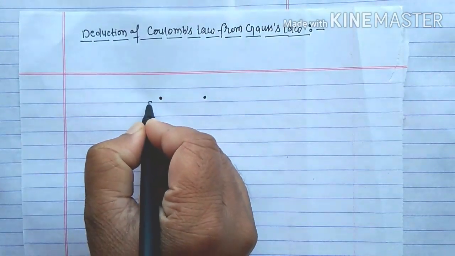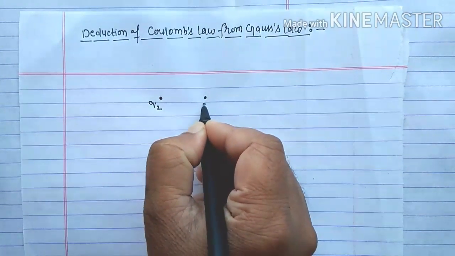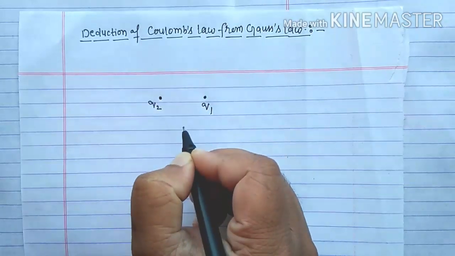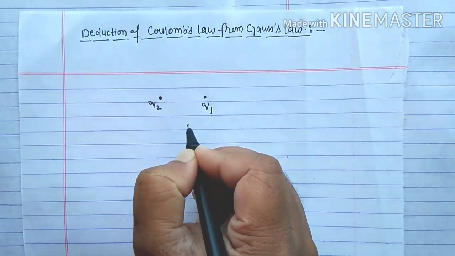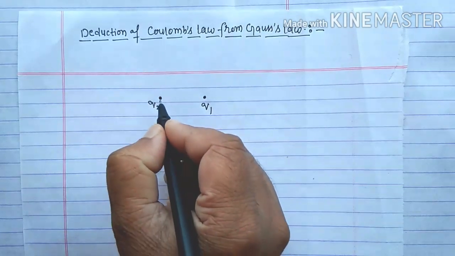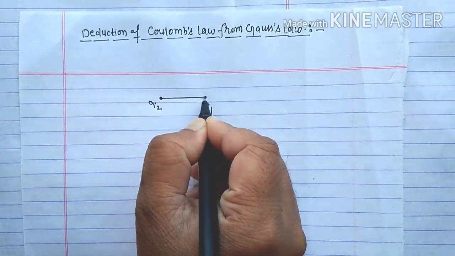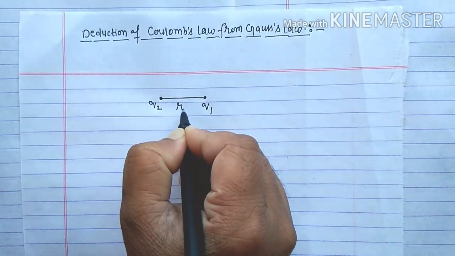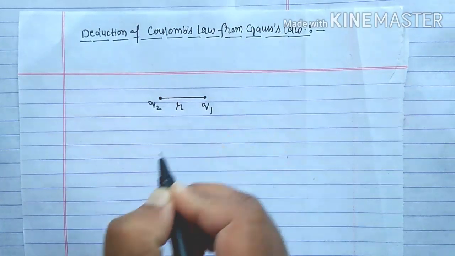2 point charges Q2 and Q1. This Q2 and Q1 are kept at a distance r apart in vacuum.